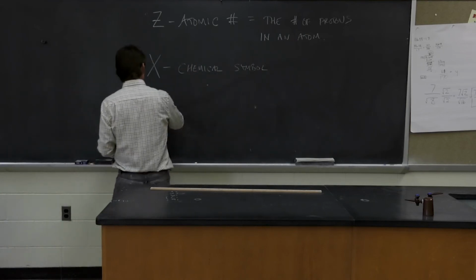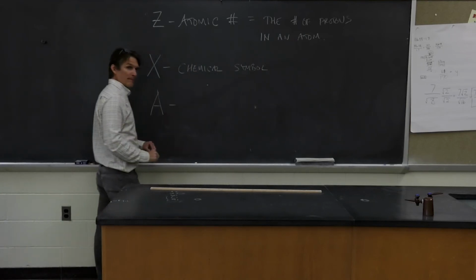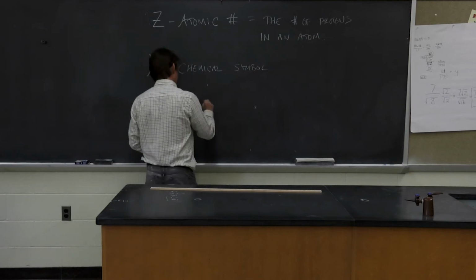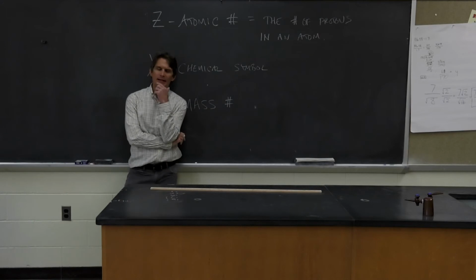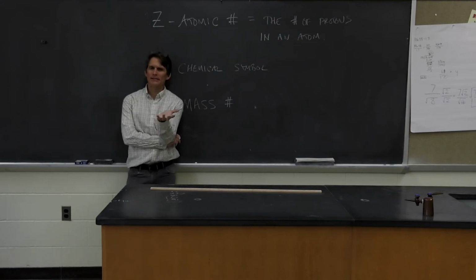We also have A, which is what we call the mass number. Let's see, the mass number in an atom. Where does the mass come from in an atom? Let me ask it this way. Which particle in the atom does not have mass? That's the electron.